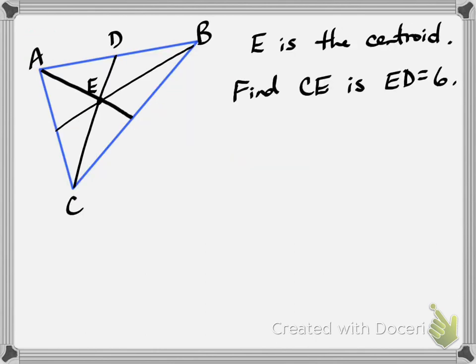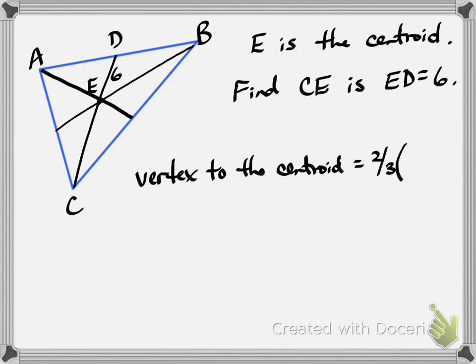Okay, I feel like you probably need another example. So it says E is the centroid, so we automatically know those other segments that are drawn are medians. They want us to find CE if ED is 6. So we know from the vertex to the centroid is 2/3 of the entire median.